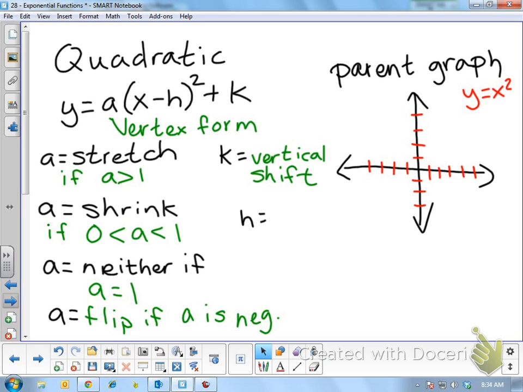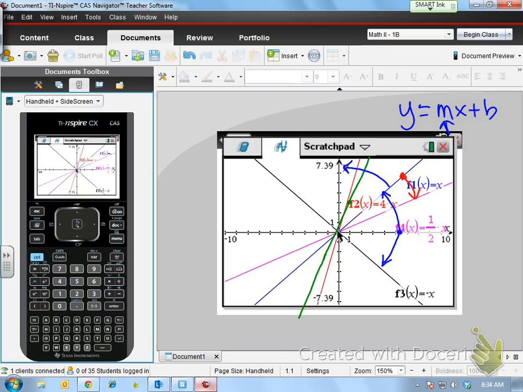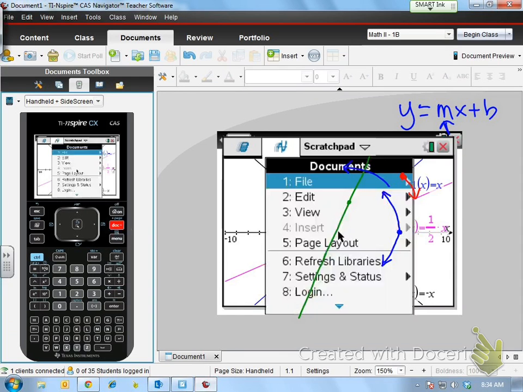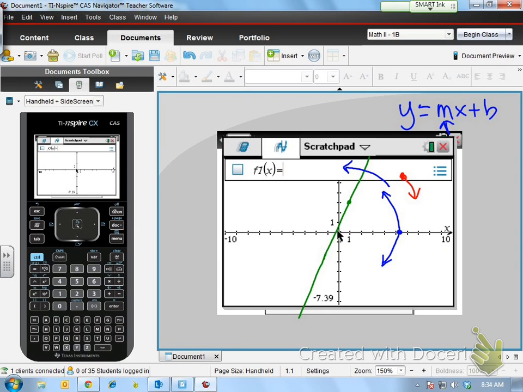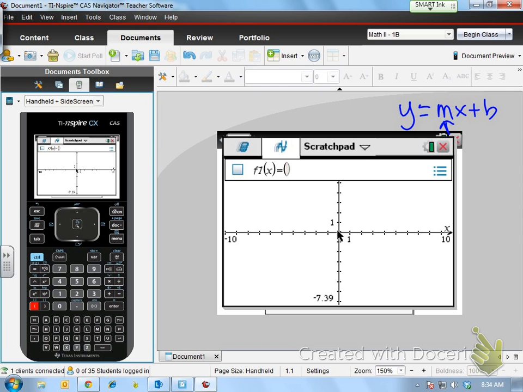Clear out everything. And let's graph in parentheses x, let's do -1 squared.